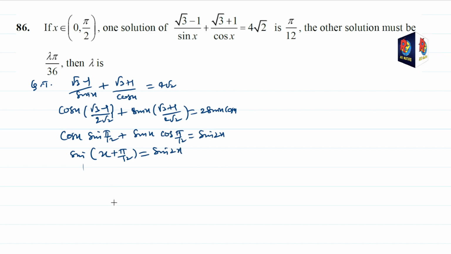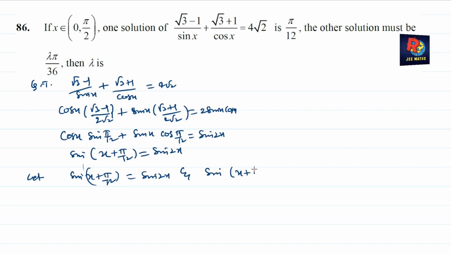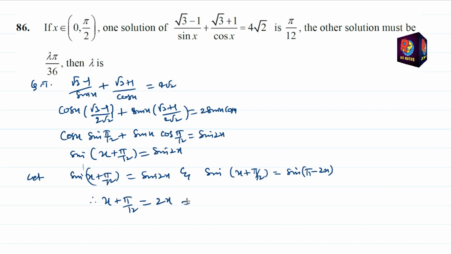So now these possibilities will be, let us take here positive values. Sin (x plus pi by 12) equals to sin 2x is one possibility, and sin (x plus pi by 12) equals to sin (180 minus 2x) is another possibility. Sin (180 minus theta) is also sin theta. Therefore, x plus pi by 12 equals to 2x is one case.